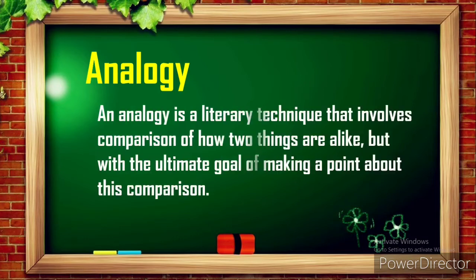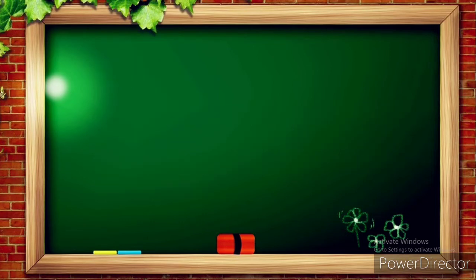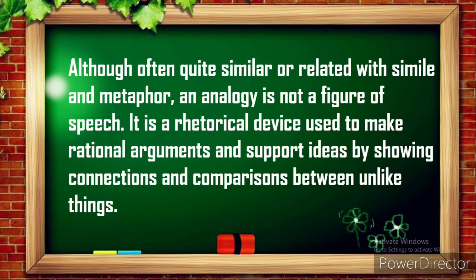In this lesson, an analogy is a literary technique that involves comparison of how two things are alike, but with the ultimate goal of making a point about this comparison. Although often quite similar or related with simile and metaphor, an analogy is not a figure of speech. It is a rhetorical device used to make rational arguments and support ideas by showing connections and comparisons between unlike things.